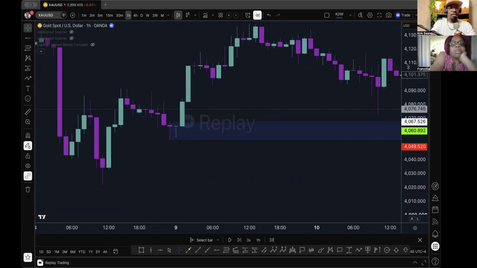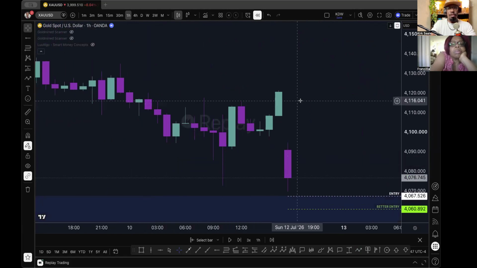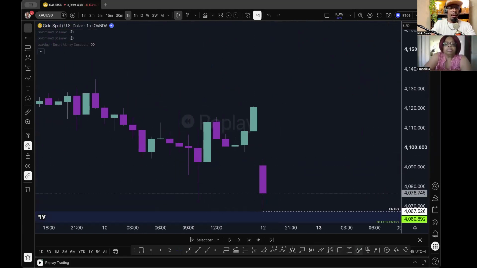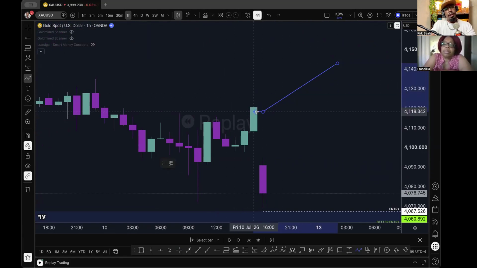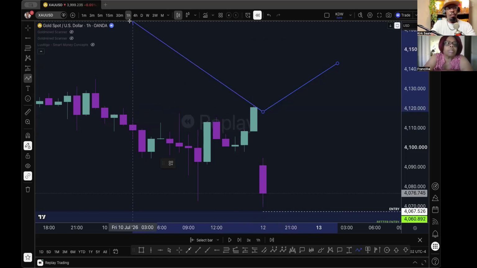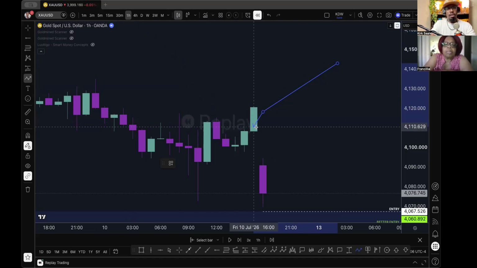When we see these rectangles on the screen, depending on the time frame that we're looking at, is going to tell us how long it took for one of these to form. All right. So right now, this candle right here, we are on the 1 hour time frame. So every single rectangle that you see here represents 1 hour.